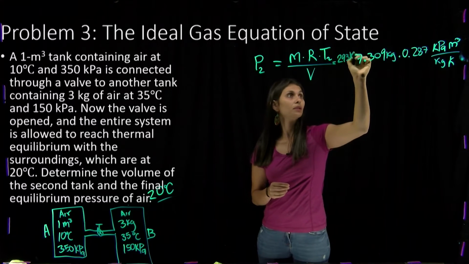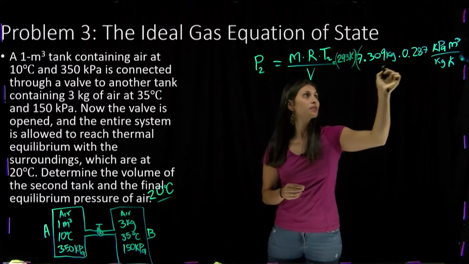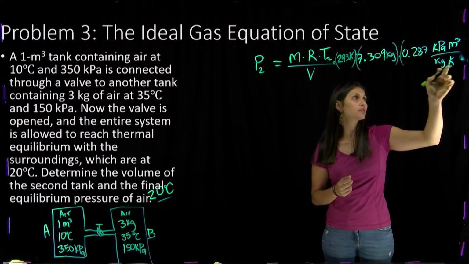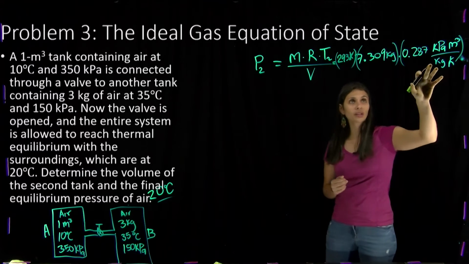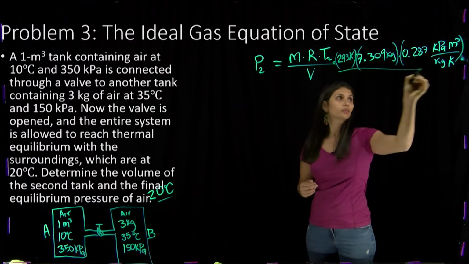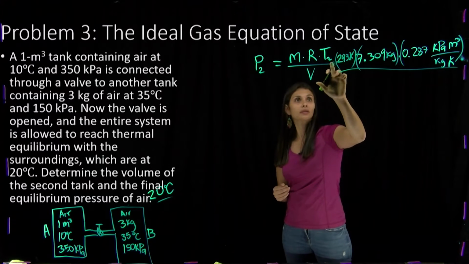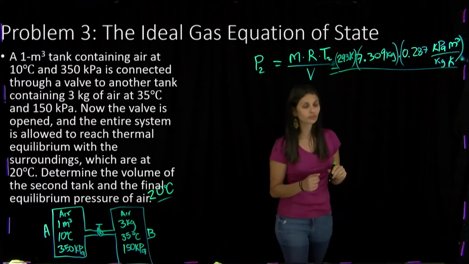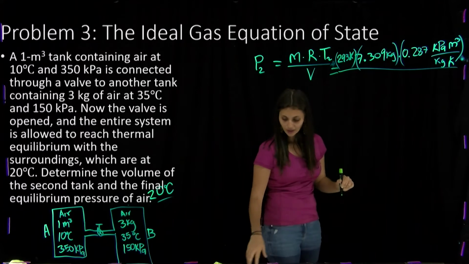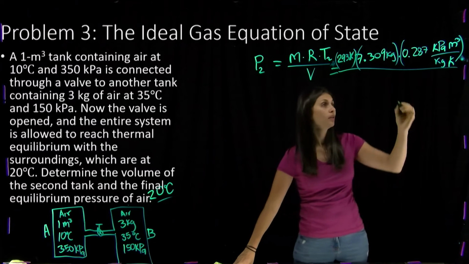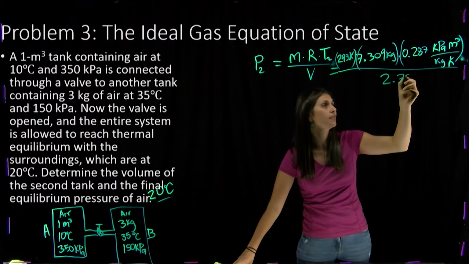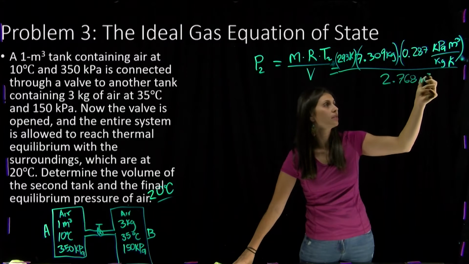This is Kelvin, times the mass of the system, times the ideal gas constant, and then the volume here, sorry, will be the total volume, which we calculated as 2.768 cubic meters.